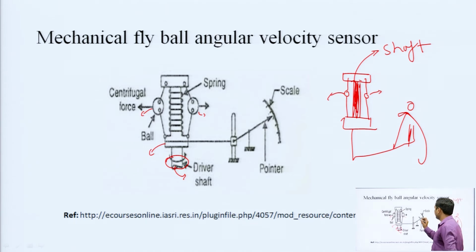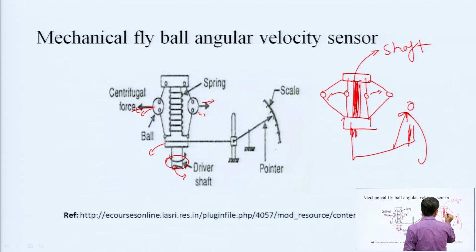Now, when the shaft rotates, a centrifugal force will be developed, and because of this centrifugal force, the balls get away from the shaft. Presently the needle is on 0, and when the shaft rotates, the balls will move away from the shaft because of the centrifugal force.